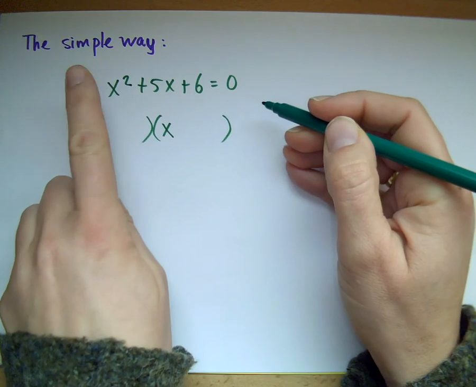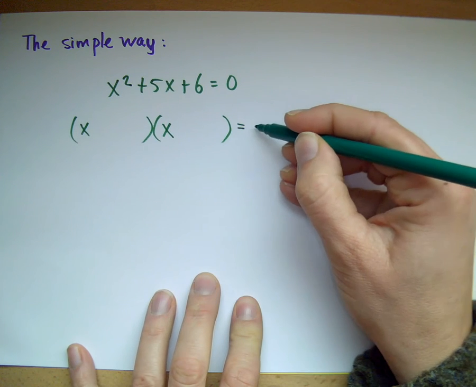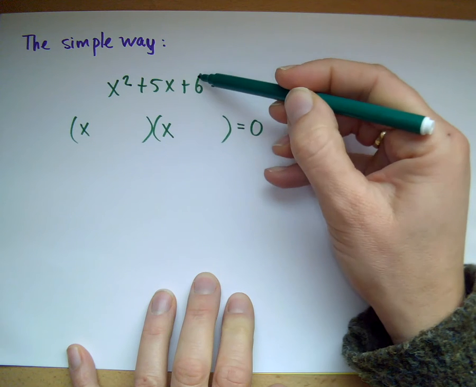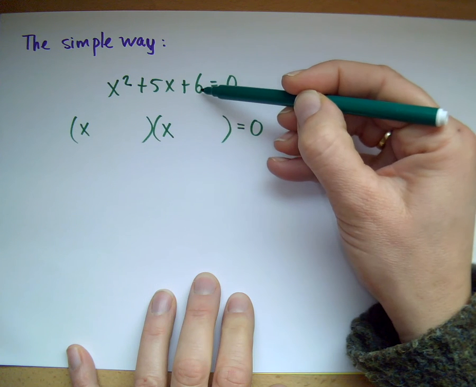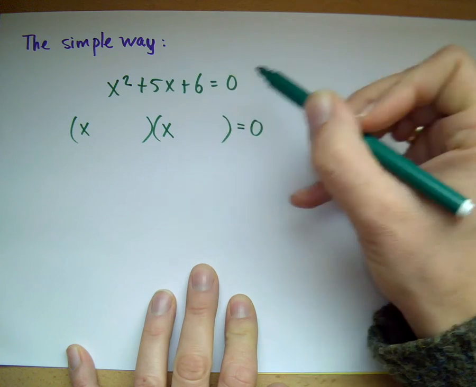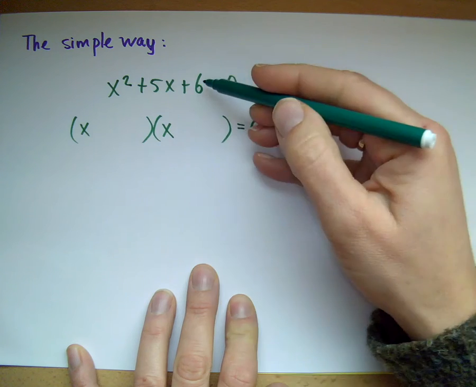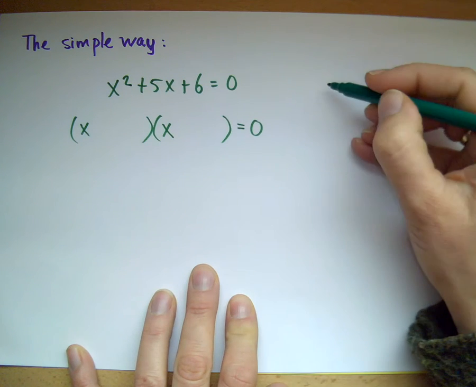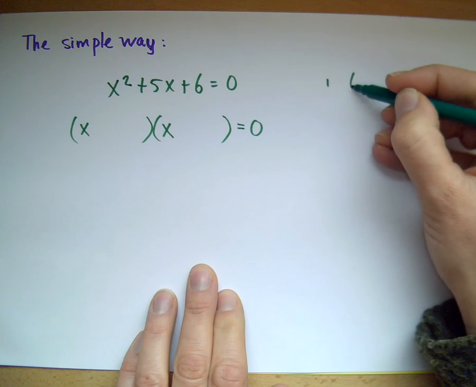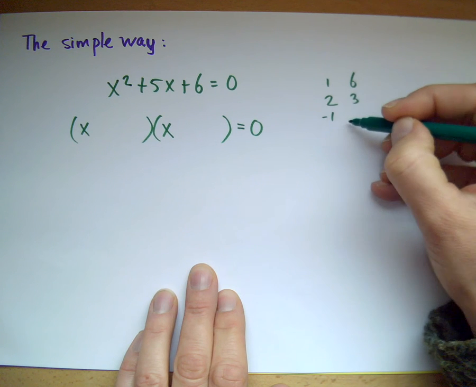The A value is 1, so that's easy. Remember, we would look for two integers that multiply to give 6 and add up to give 5. So if you don't immediately see it, you could list the factors of 6. 6 is 1 times 6, 2 times 3, or negative 1 times negative 6.